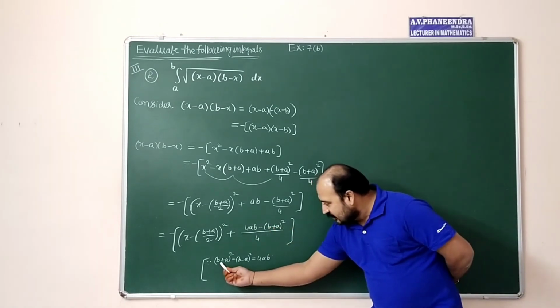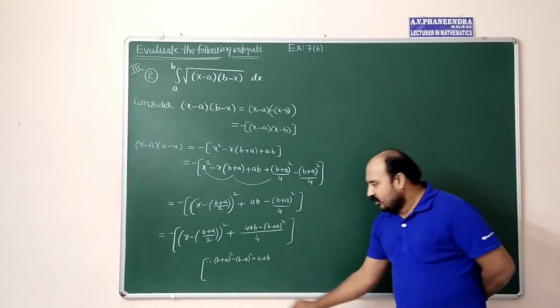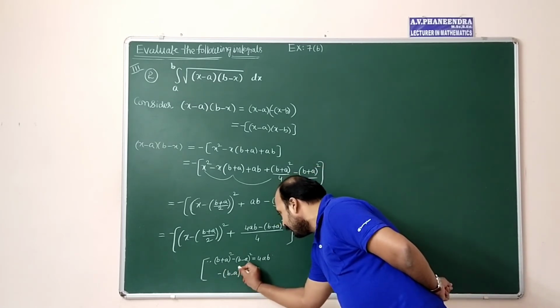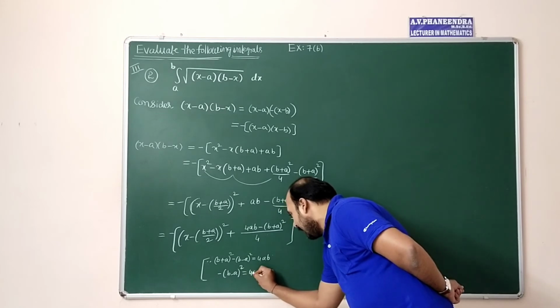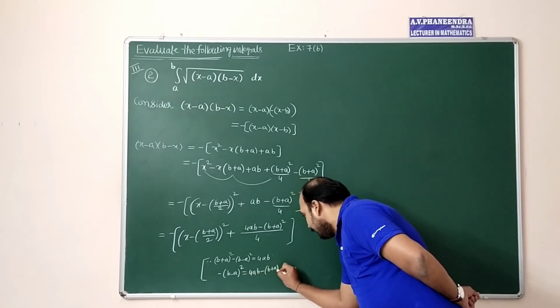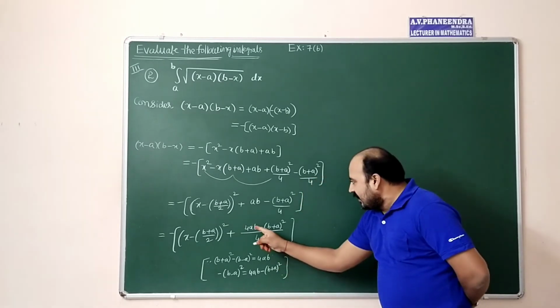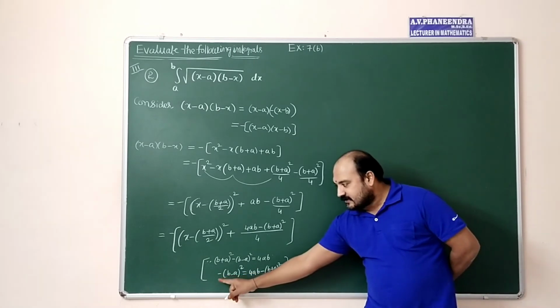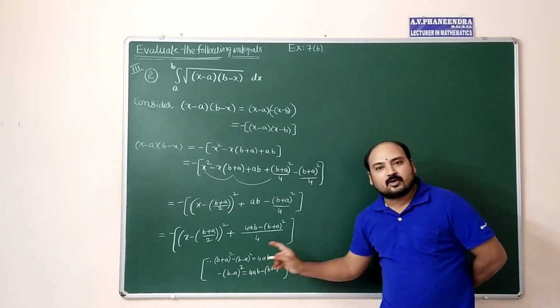So this (b plus a) whole square I am taking this side. Now it becomes minus of (b minus a) whole square, which is equal to 4ab minus (b plus a) whole square, which is exactly there in the numerator of the second term.